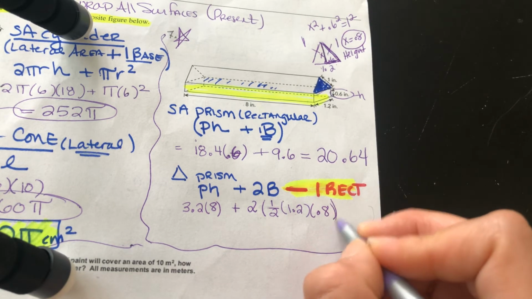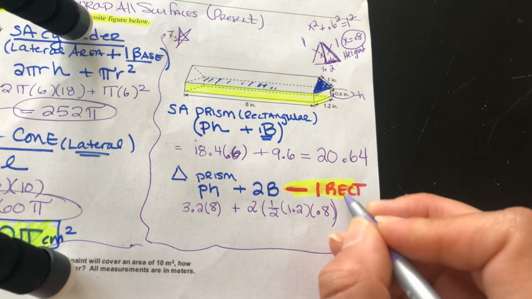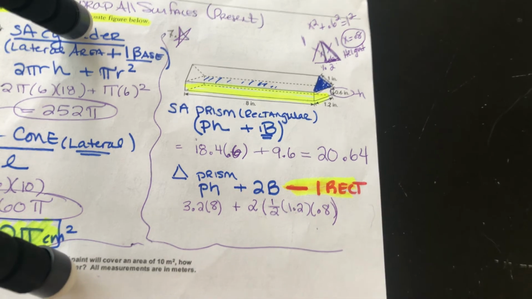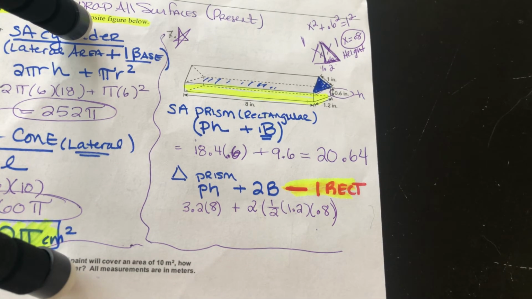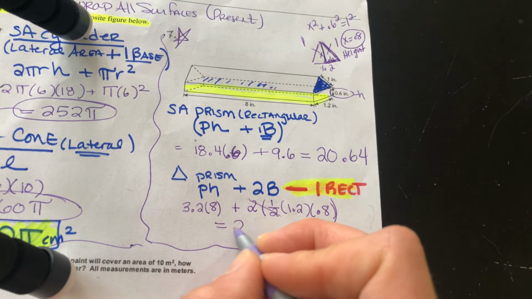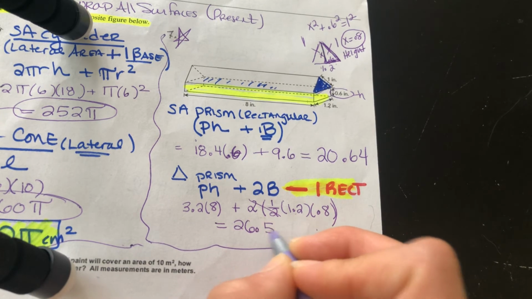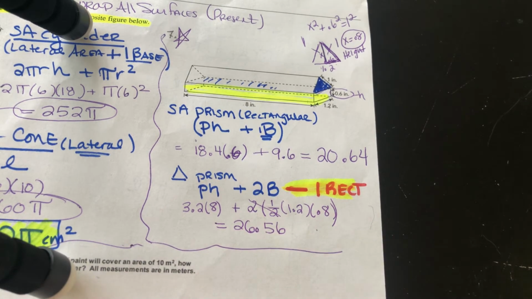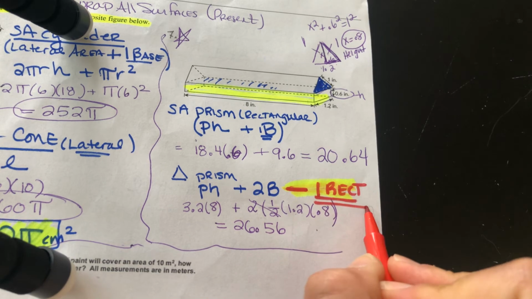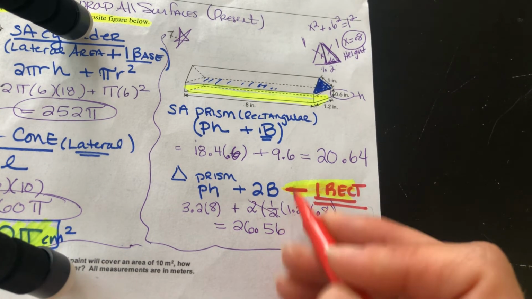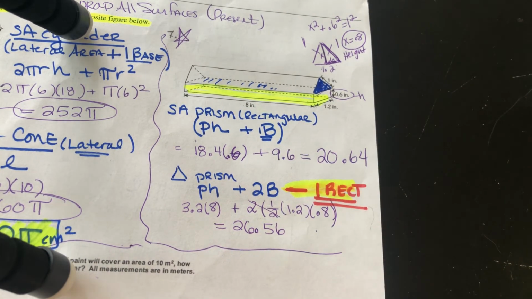Okay. Careful. Actually, let's just first calculate this. Let's just do one thing at a time. 3.2 times 8 plus, these can kind of cancel, plus 1.2 times 0.8. Okay, for this I get 26.56, but again, you have to remember this. Because what happens here, when you add these two, you're including the base of the triangular prism.